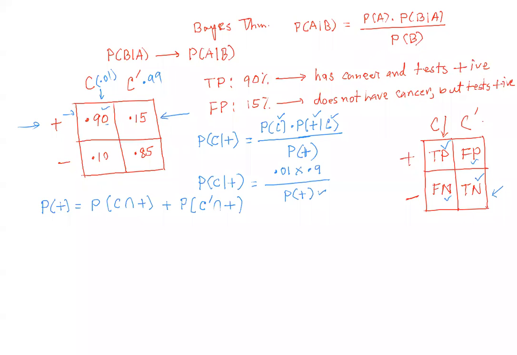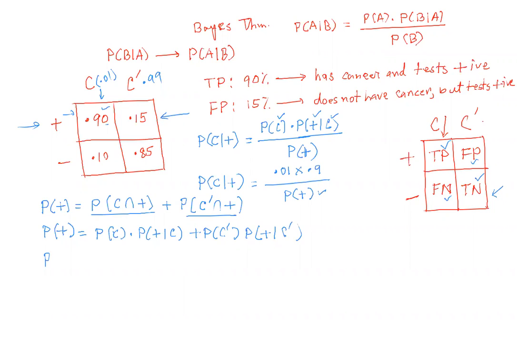Now, probability of testing positive is going to be this thing plus this thing. But this thing is probability of cancer times the probability of positive given cancer, plus this thing is going to be probability of no cancer times the probability of positive given no cancer.